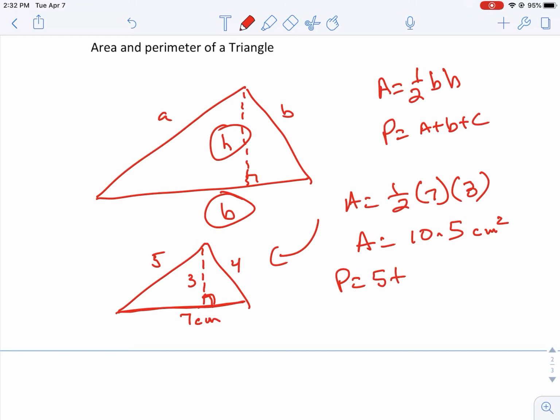The perimeter equals A, which is 5, plus B, which is 4, or I should say B is 7. Okay. Plus C, which is, I should have called that C, 4. And so the perimeter is 12, looks like 16 centimeters.